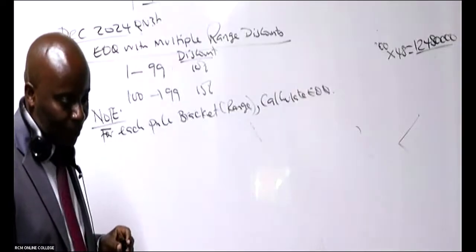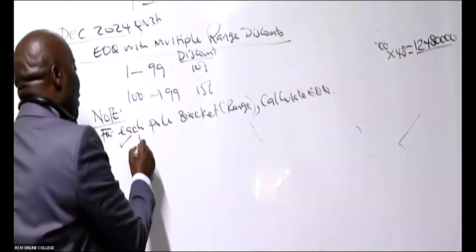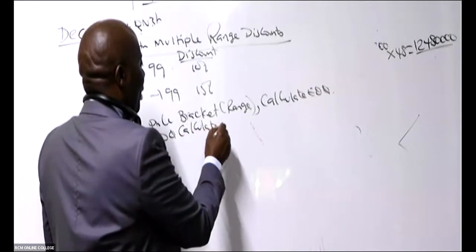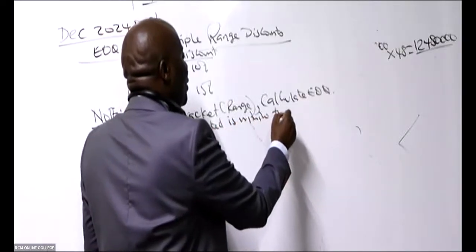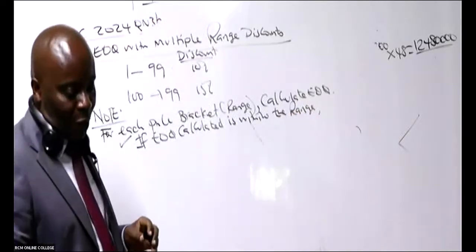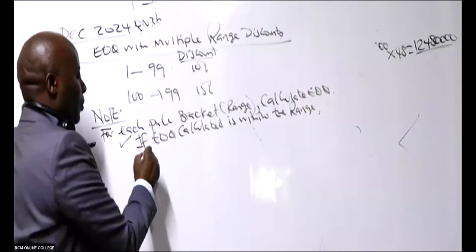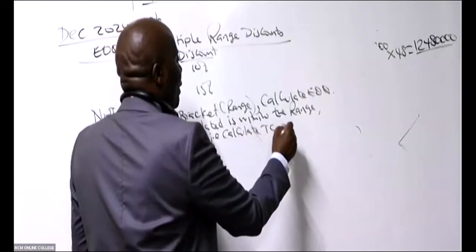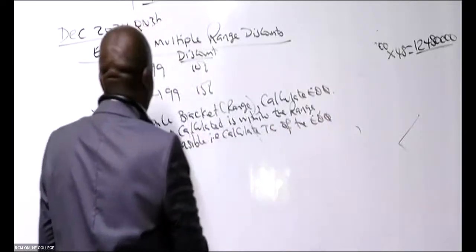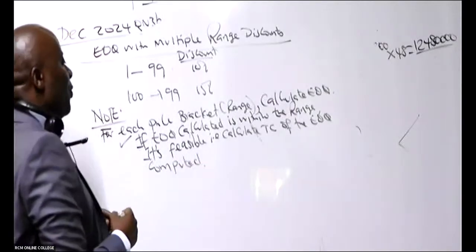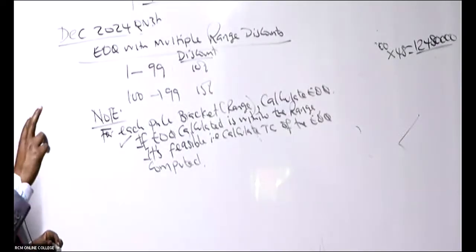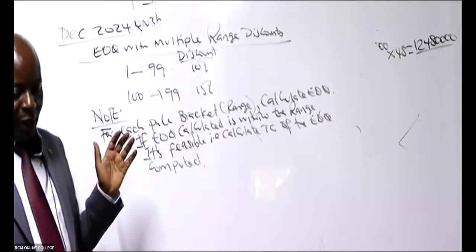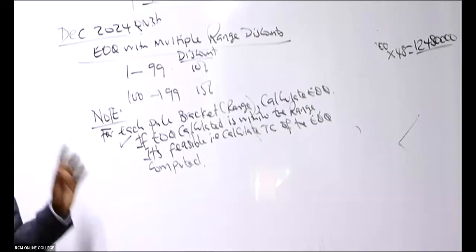Number one: if the EOQ calculated is within the range, it is feasible. Feasible means good, practical. That is, calculate the total cost of the EOQ computed.